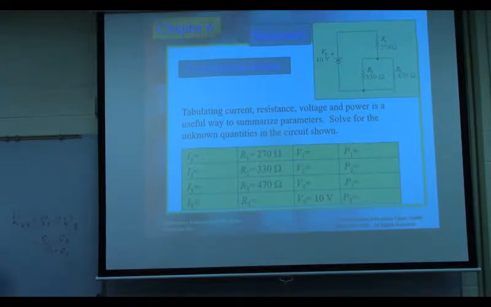You can write it together. The total RT equals R1 plus R2 and R3 in parallel. So that one will equal R1 plus R23. Then you plug in the numbers you calculate.